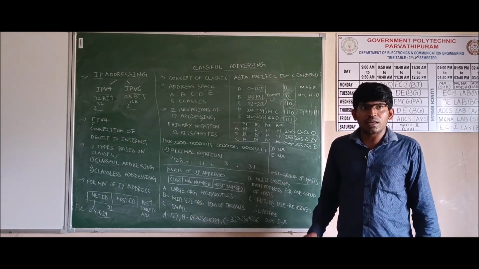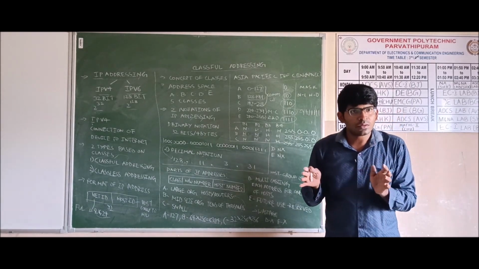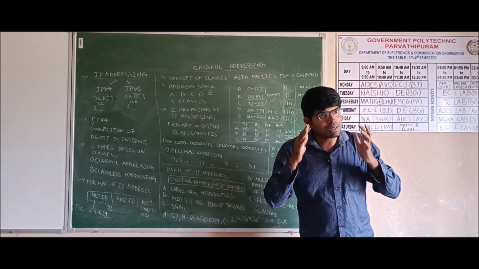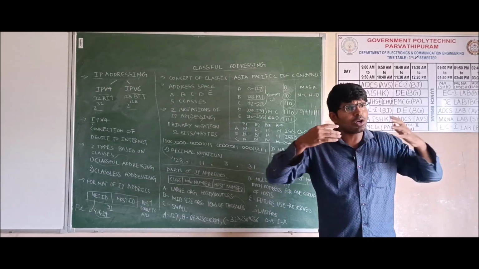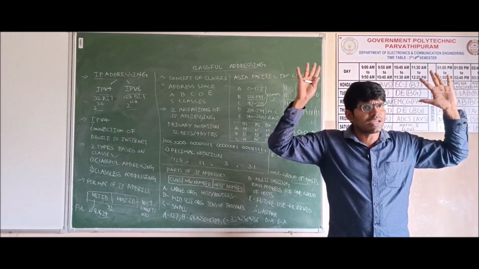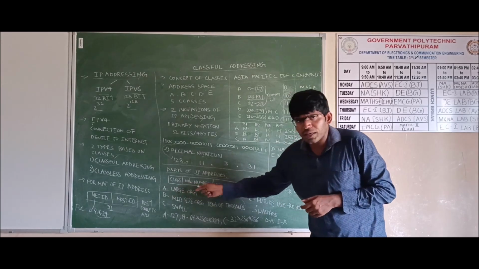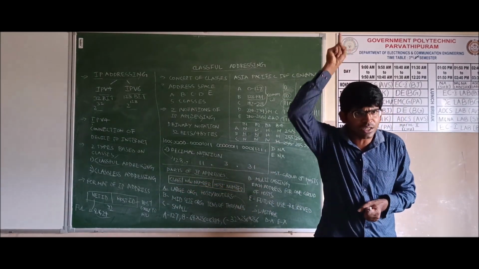When a particular organization has more employees and more communicating devices, at that time we go for class A, because in class A the number of networks is small.